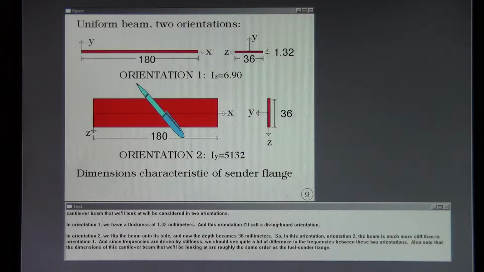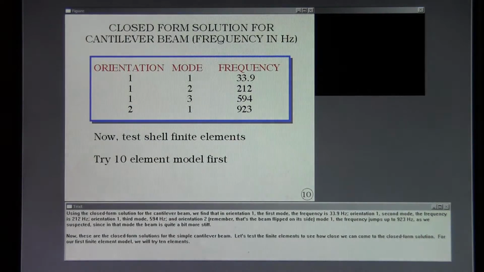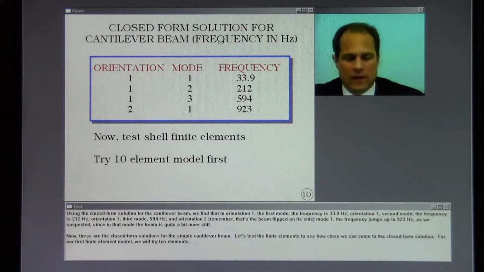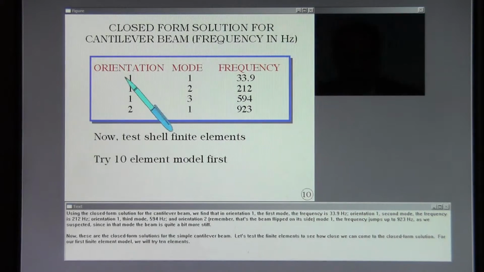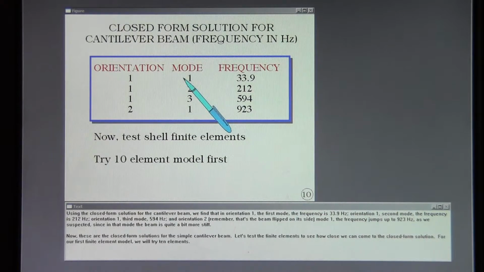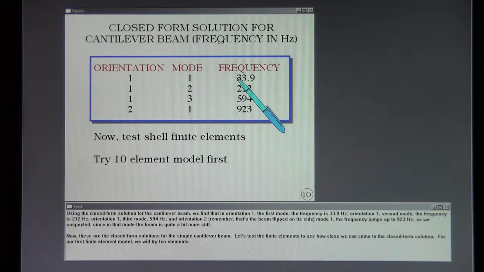And since frequencies are driven by stiffness, we should see quite a bit of difference in the frequencies between these two orientations. Also note that the dimensions of this cantilever beam are roughly of the same order as the fuel sender flange. Using the closed form solution for the cantilever beam, we find that in orientation 1, the first mode frequency is 33.9 hertz.